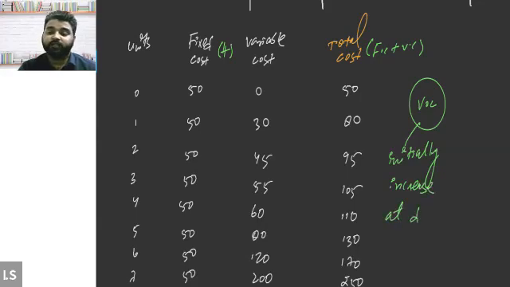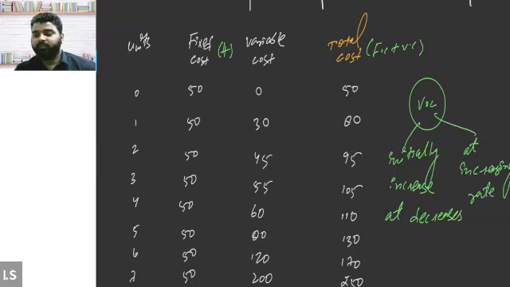At a decreasing rate, right? So initially it increases at a decreasing rate. After a certain level of output, it starts increasing at an increasing rate, right? This is how variable costs behave. Initially at a decreasing rate, later at an increasing rate. Now you will notice the same thing is happening with the total cost as well. Same pattern, same behavior for total cost as well.